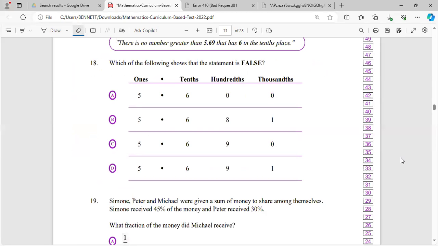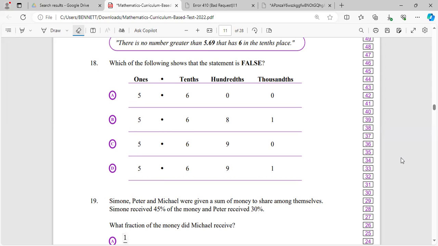All right, 18. It says there is no number greater than 5.69 that has 6 in the tenths place.